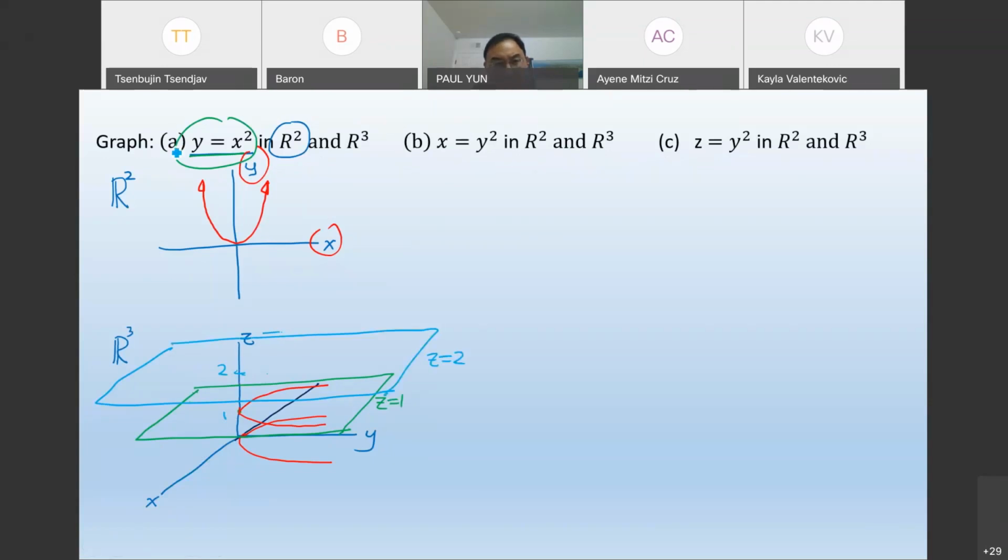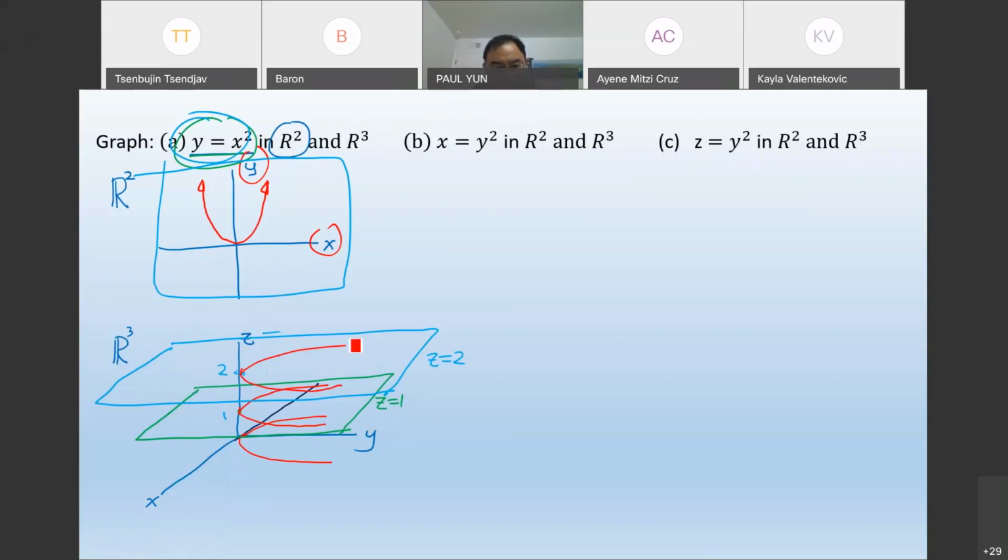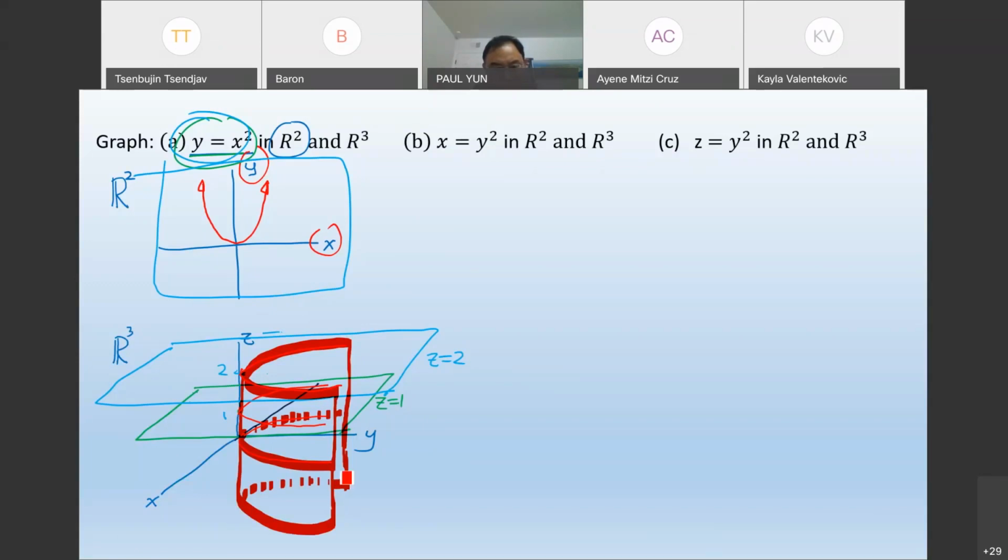This is like ground zero. On the second floor, X, Y, Z are related by, still on the second floor, it is a bent paper.